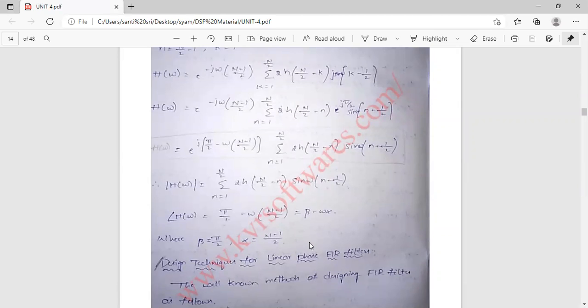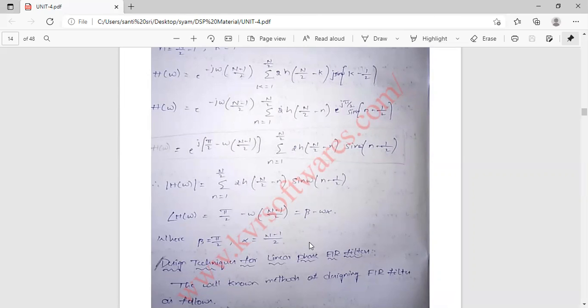So mod H of omega is equal to sigma n equal to 1 to N by 2 of 2 h of N by 2 minus n into sin omega (n minus 1 by 2), and angle of H of omega is pi by 2 minus omega into (N-1)/2. That is beta minus omega into alpha.